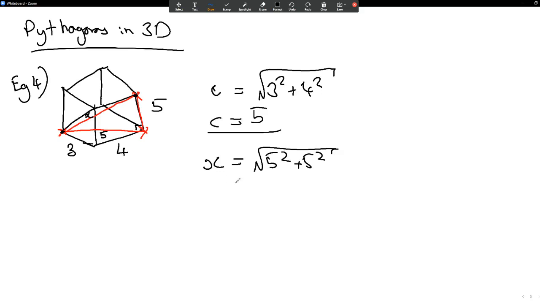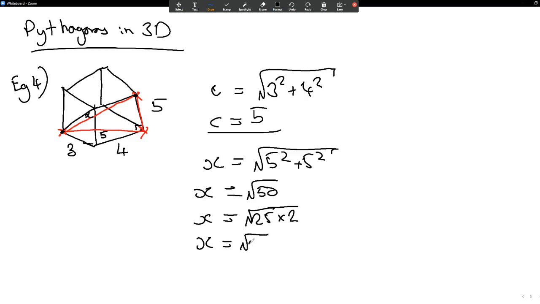Both these are 25, so we get root 50. Using our surd rules, we can simplify this to get 25 times 2. And then we can split this up, 25 root 2, and so we get 5 root 2 as our answer.